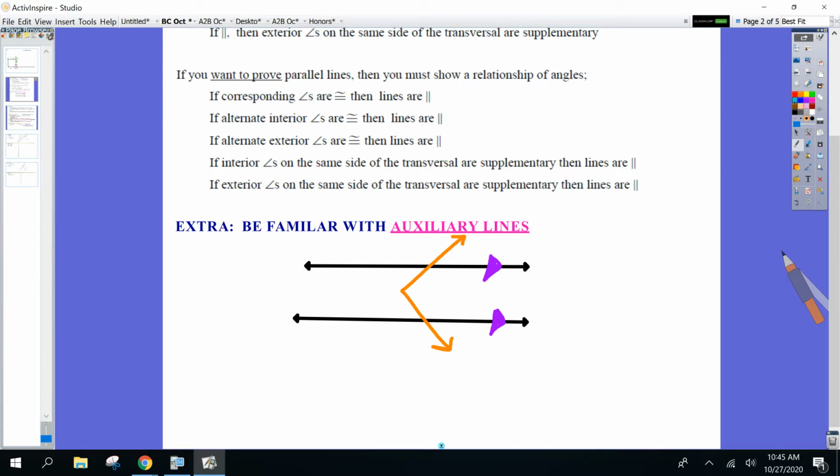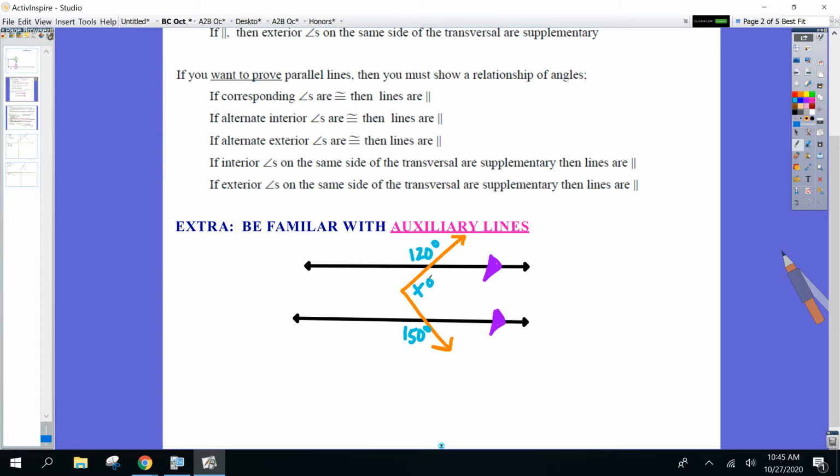Let's say this angle is 120, and this angle down here, I'll put 150. I'm not too sure if these numbers are going to be nice or not, and I'm going to ask you to find that angle in the middle there.